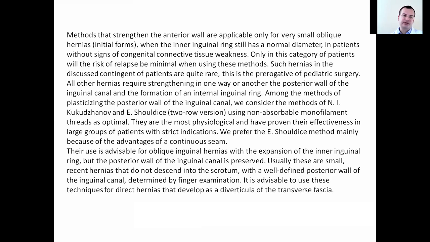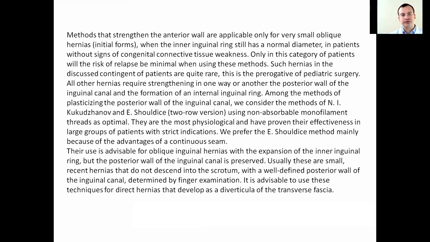Methods that strengthen the anterior wall are applicable only for very small oblique hernias, when the inner inguinal ring still has a normal diameter in patients without signs of congenital connective tissue weakness.